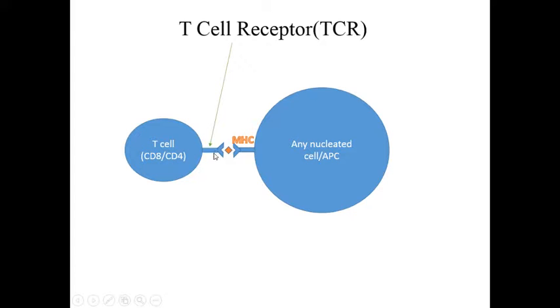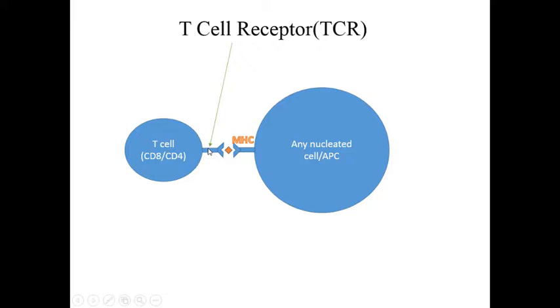This is the T cell receptor seen on the surface of the T cell, and this is the MHC molecule seen on the surface of this cell, and the orange is the protein antigen that is being presented by this MHC molecule to the T cell receptor.